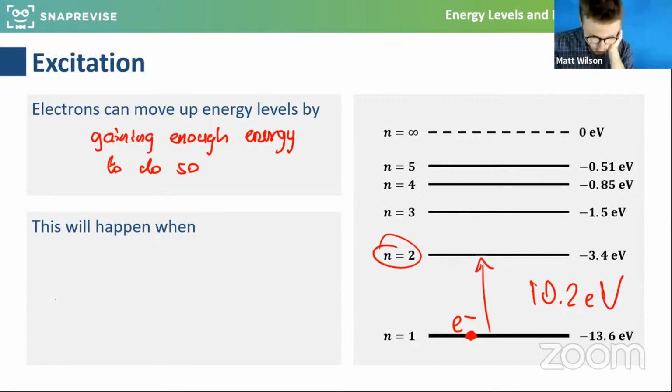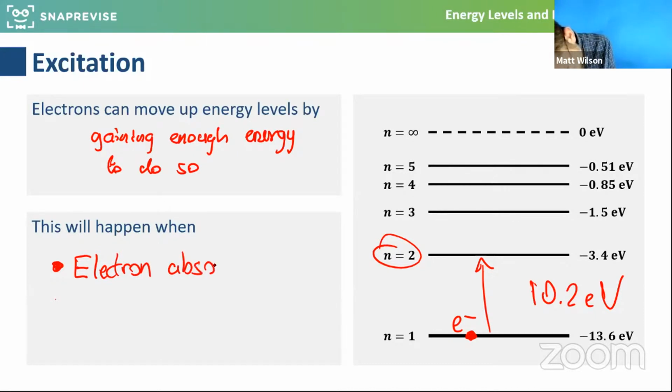Good. Okay, so how can I give an electron energy? Like if I've got an atom in front of me, how can I give an electron energy? Well, there's two main processes. First is that the electron might absorb a photon.